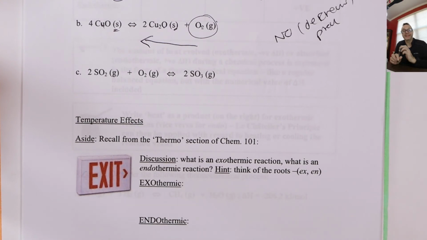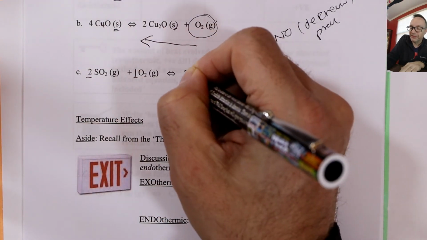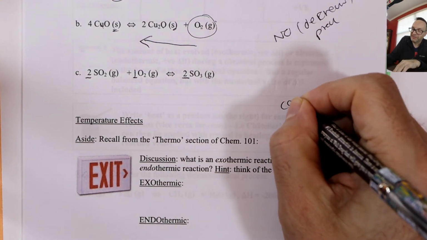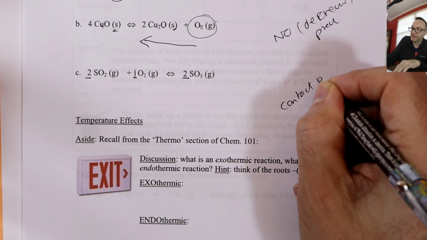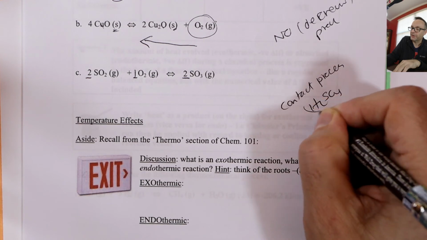Oh, interesting. Now this, I feel some extra credit coming on. Right, 2 of these react with 1 of those to make 2 of these. This is actually the first step in what's called the contact process. So research the contact process. And here's a big clue: H2SO4.